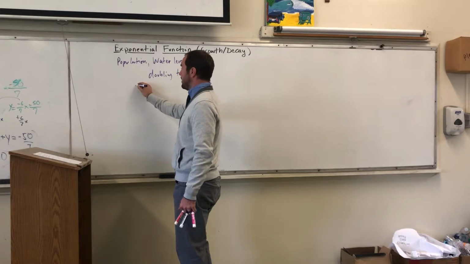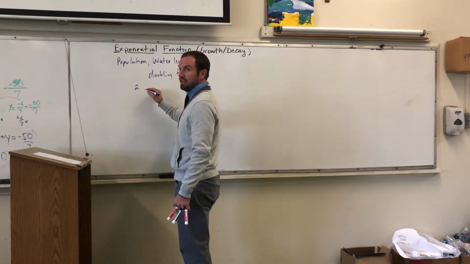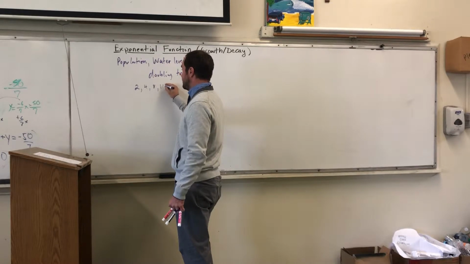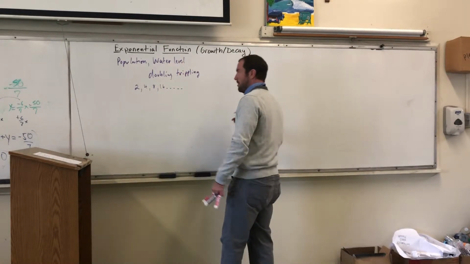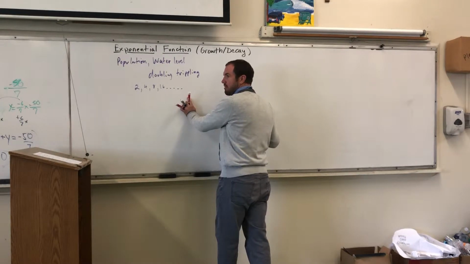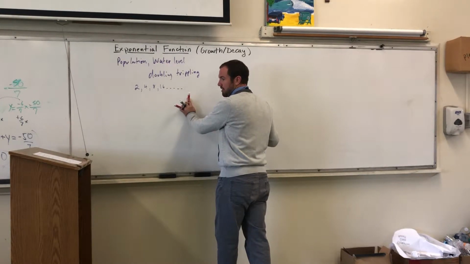So if your population started at 2 and it doubled every year, okay, 4, 8, 16, and so forth. But not everything is this simple, right? Sometimes you have bigger numbers, decimal numbers, maybe you're working with money, maybe the price of a house.